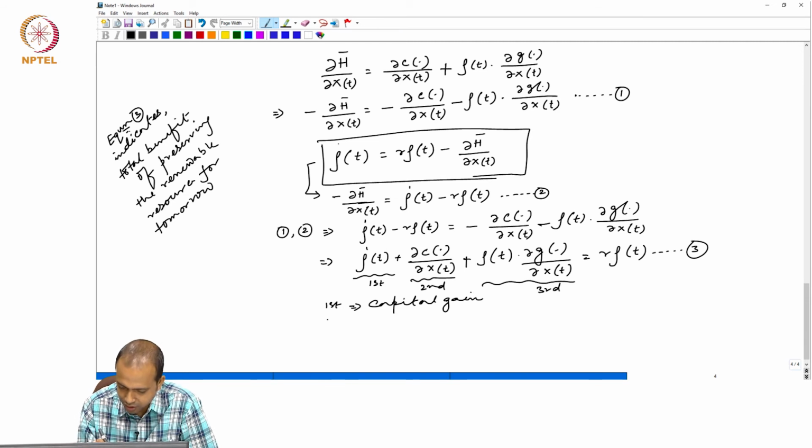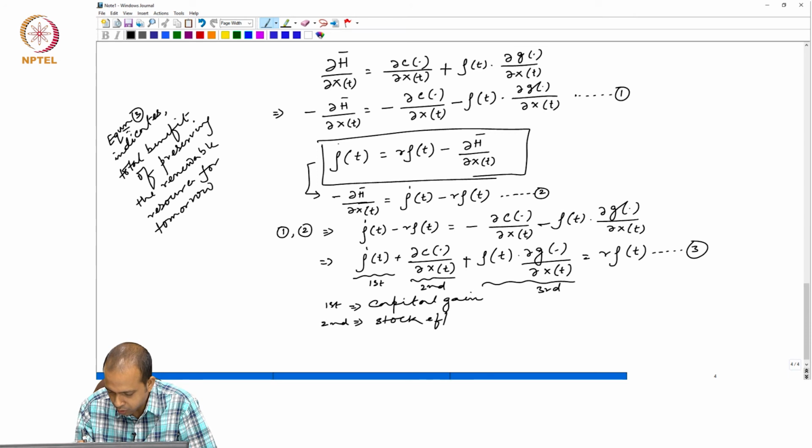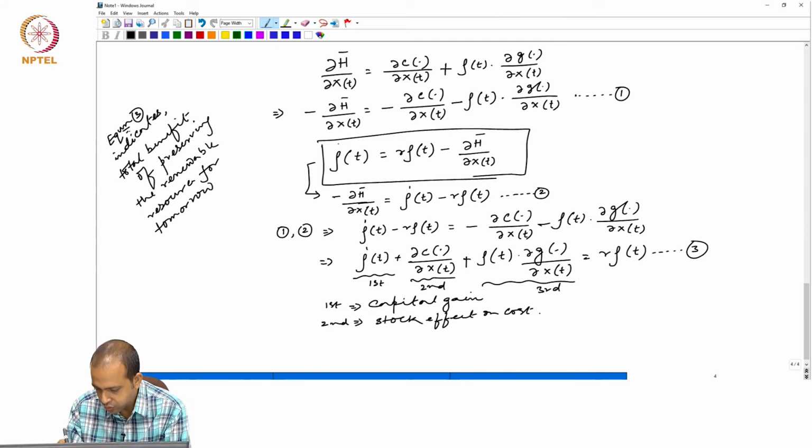Second component indicates what? Similar to the non-renewable resource, stock effect on marginal cost of extraction, or let us say on cost of extraction.